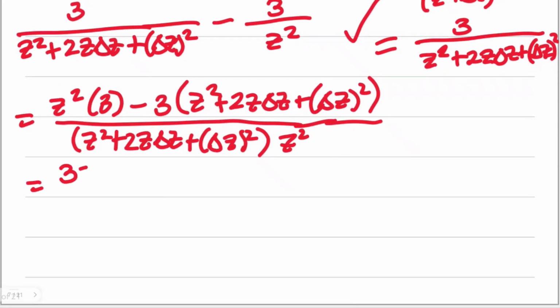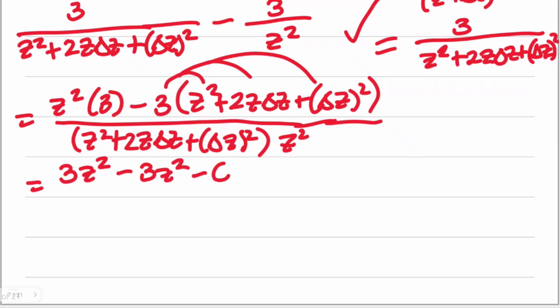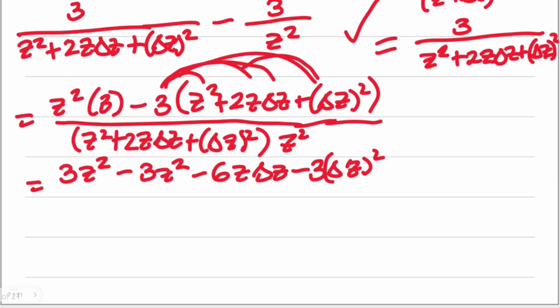You have 3z squared. We can actually now distribute this because it's just a coefficient. So minus 3z squared minus 6, that's 3 times 2, z delta z, and minus 3 the square of delta z, right? The coefficient is multiplied to all the terms.